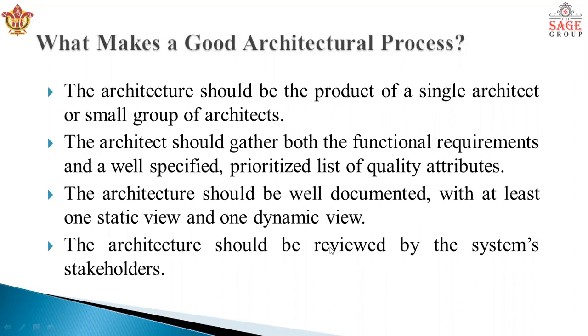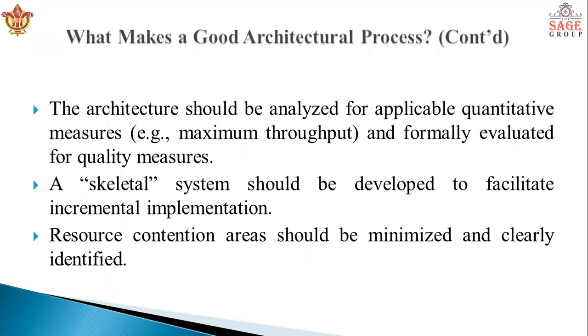The architecture should be well documented with at least one static view and one dynamic view, and it should be reviewed by the system stakeholders. The architecture should be analyzed for applicable quantitative measurements and formally evaluated for quality measures. These are the good architectural process.